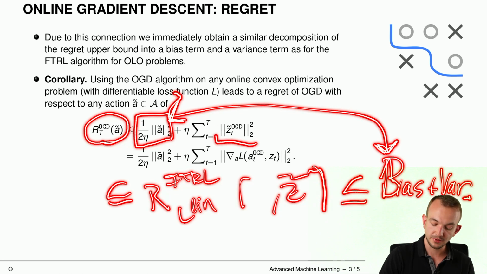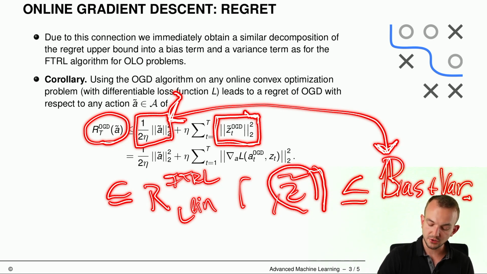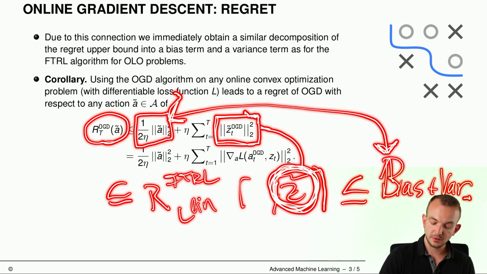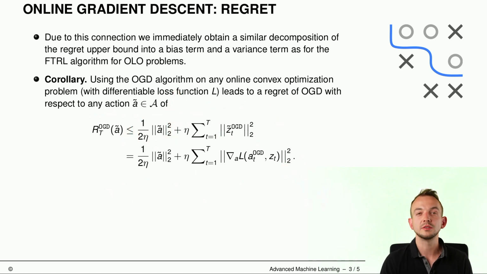And the variance term was specified by the variation of the environmental data points in terms of their Euclidean squared length. And now we are using these artificial environmental data points, or we pretend that these are the environmental data points. So we get here in the variance term accordingly the variation of these artificial environmental data points in terms of their squared Euclidean length.